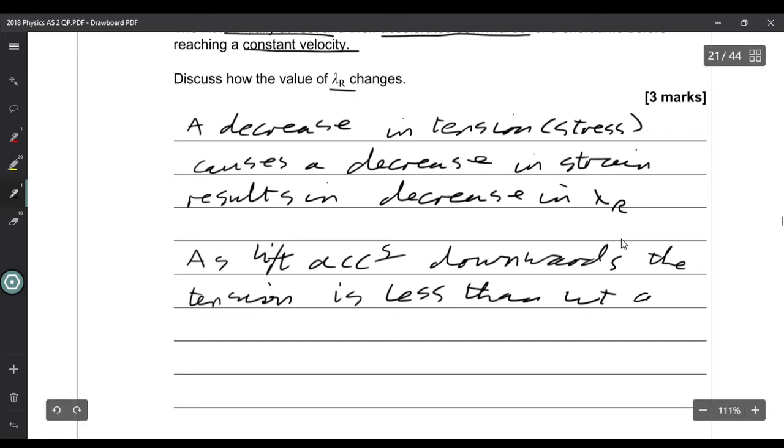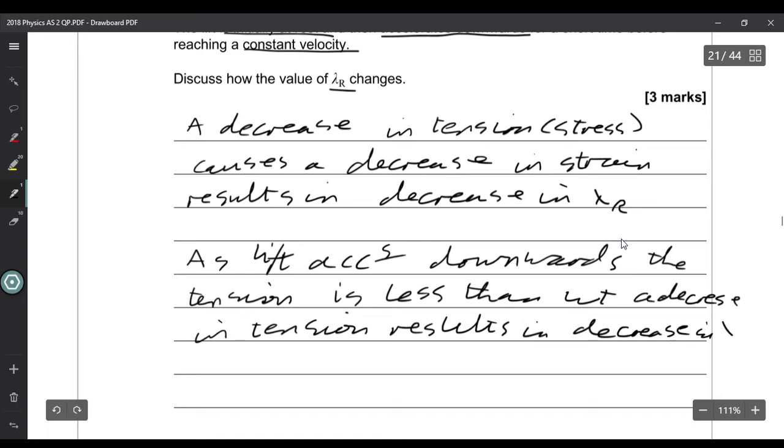So a decrease in tension results in a decrease in lambda r.